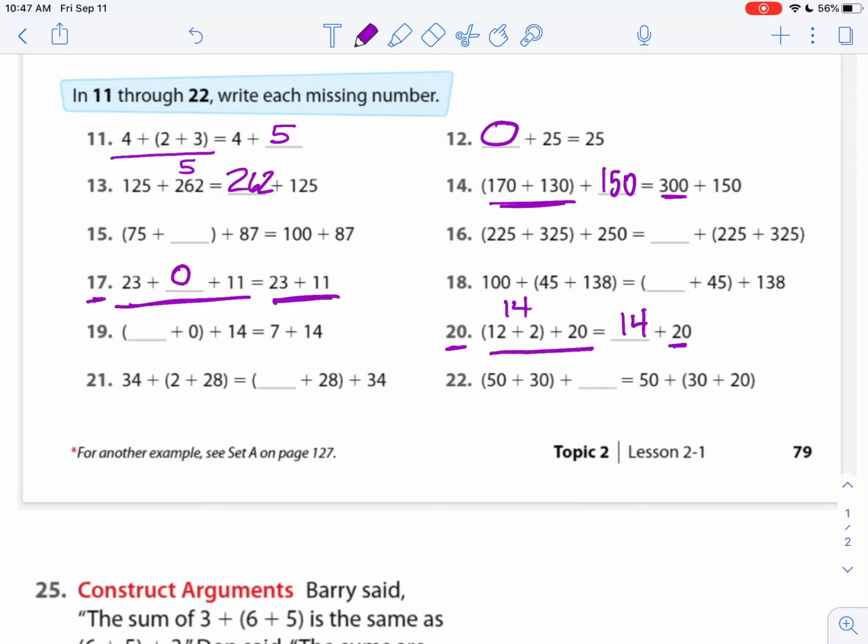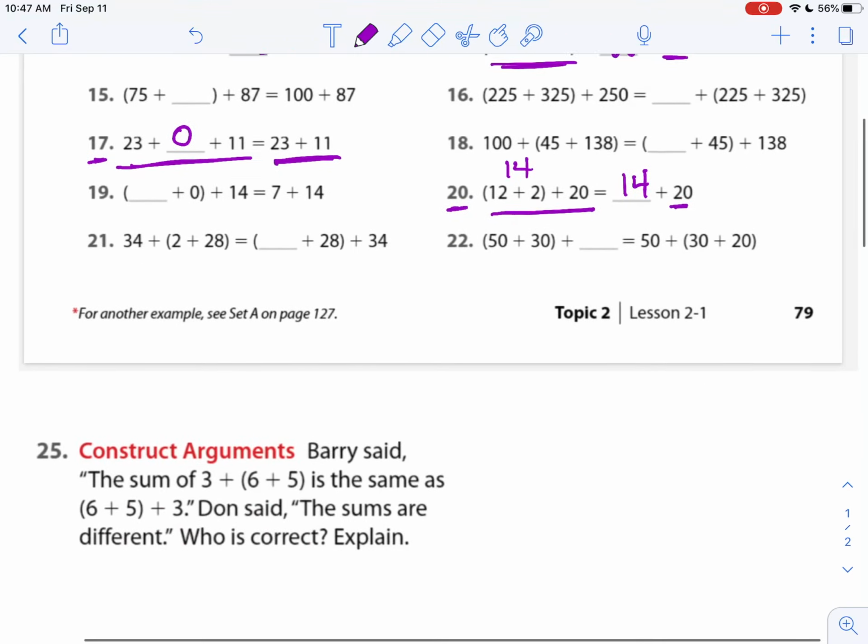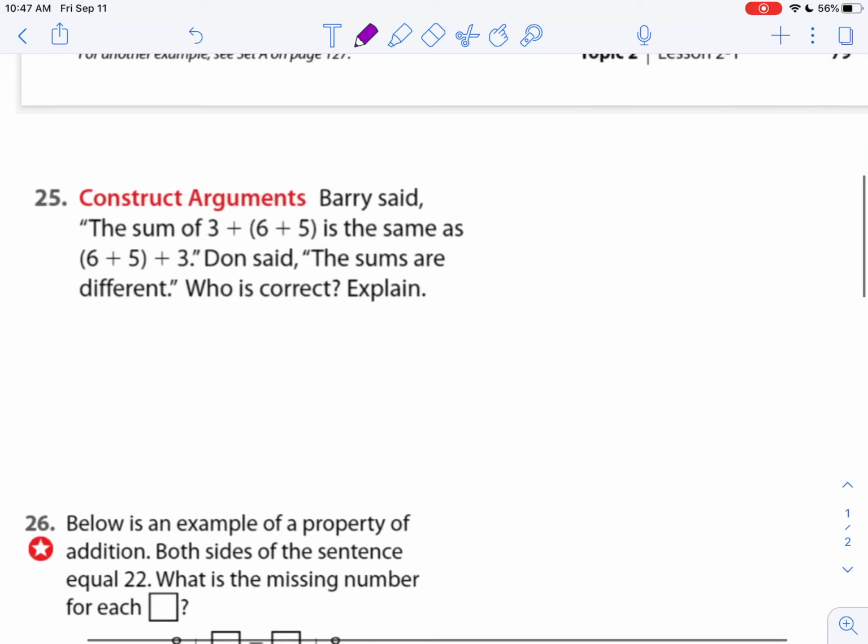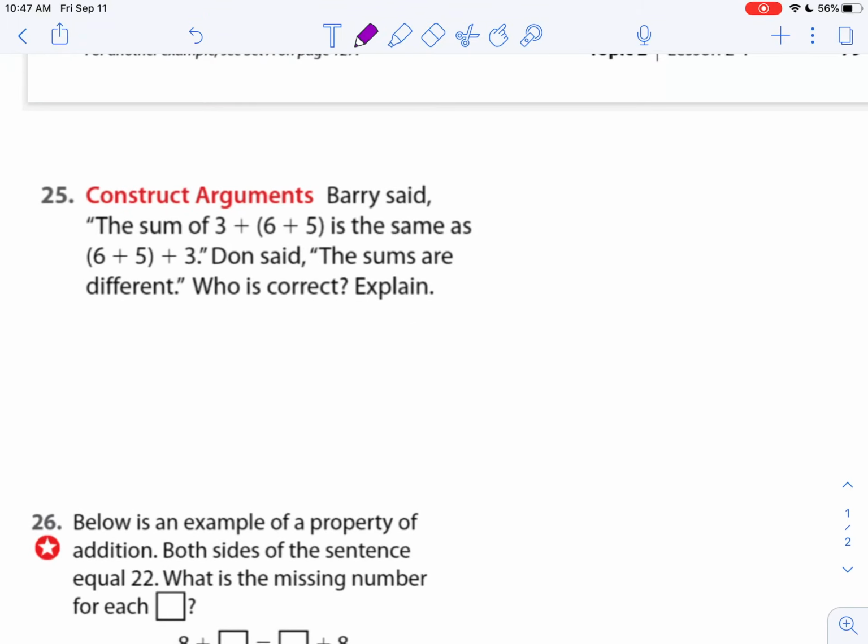Okay, so let's go on down and look at number 25. Barry said the sum of 3 plus 6 plus 5 is the same as 6 plus 5 plus 3. Don said the sums are different. Who is correct? Well, a sum, remember, is your answer to an addition problem. Don't forget, that's our vocabulary we talked about this morning, first thing in our warm-up. So looking at this, we do have all the same digits.